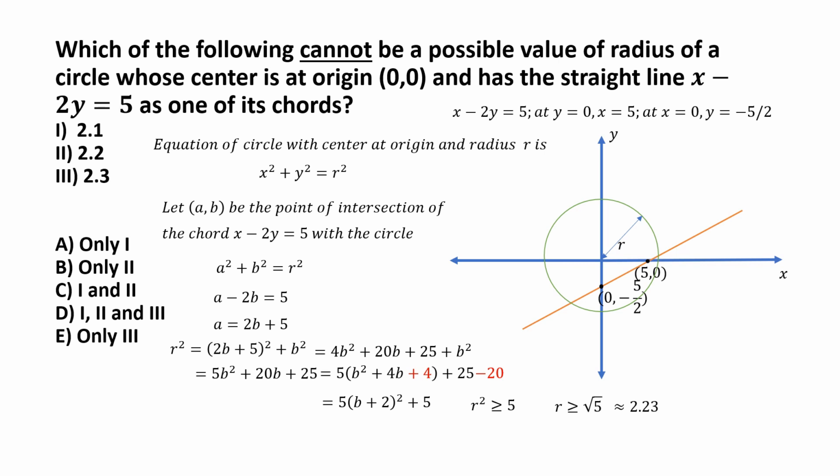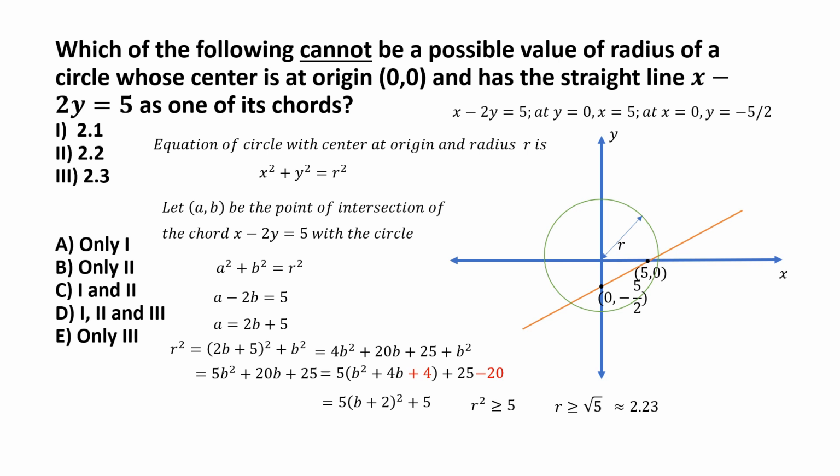So if we look at the options that were given in terms of possible values, we have 2.1, which is clearly not permissible because r has to be greater than or equal to 2.23. But also 2.2, that's also not a permissible value of r because r has to be greater than or equal to root 5, and root 5 is 2.23, so it's greater than 2.2, right? But 2.3 may be a permissible value for r.